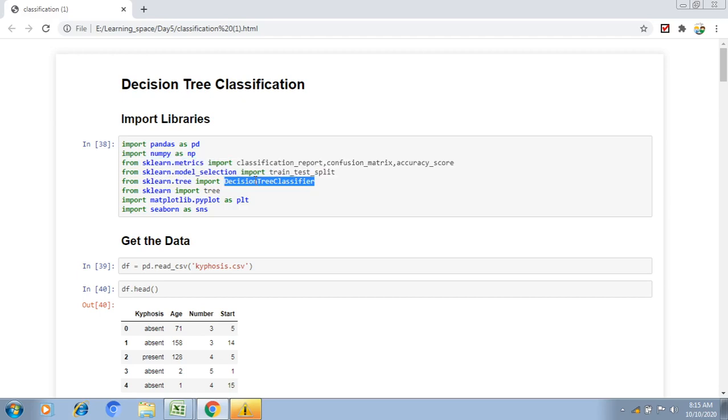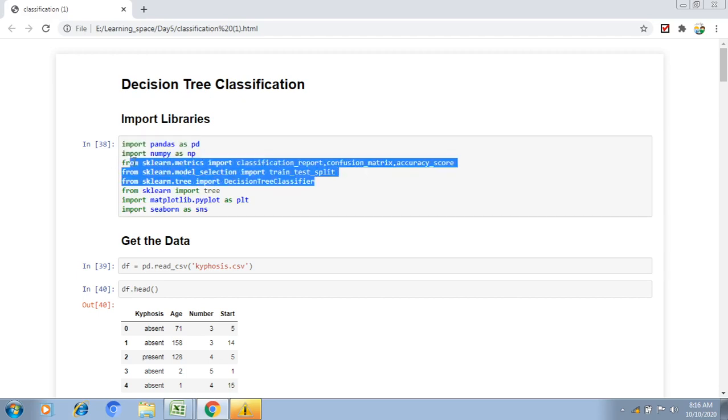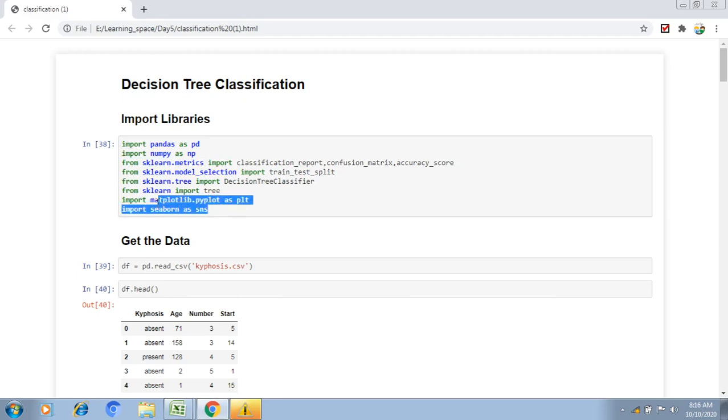This is the decision tree classifier class we use to train and test the algorithm. The last three, matplotlib, seaborn, and sklearn import tree, are used for plotting.